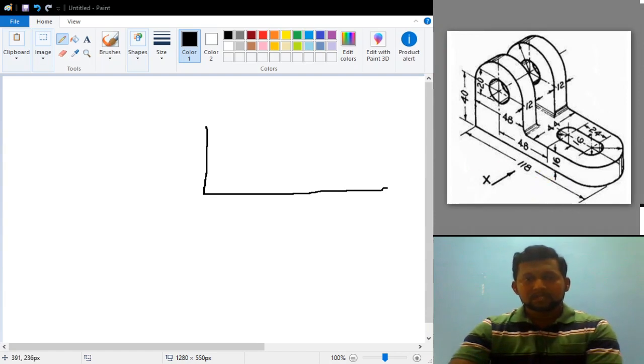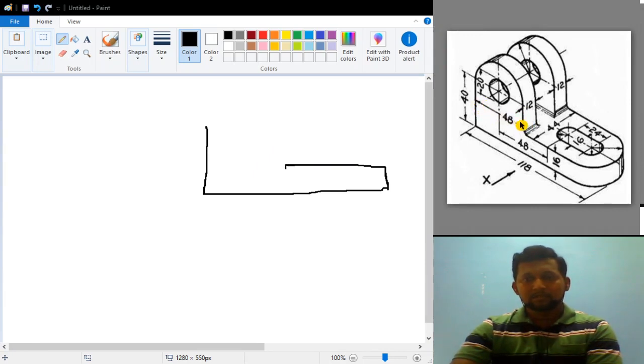This total length I have drawn here is your 118 mm, and from here I am drawing 16 mm height, and I draw this line until a distance such that from this point to this one, the distance is equal to 48, like what is shown here.